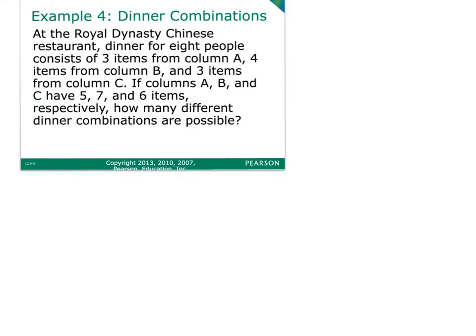Let's look at column A first. We get to select 3 items from column A, and column A has 5 items in it. Again, order doesn't matter, so we'll do 5 combination 3.